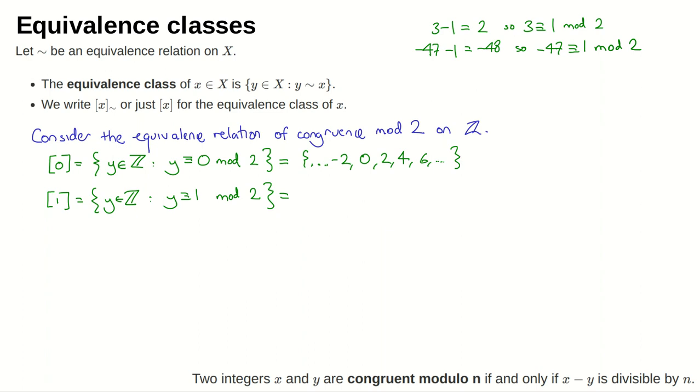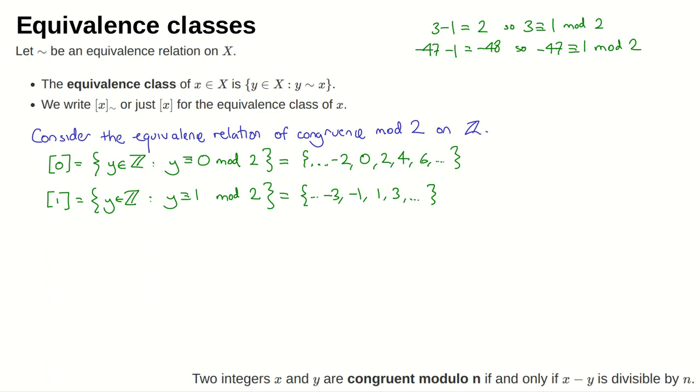And in general, the numbers which are congruent to 1 mod 2 will be precisely the odd integers. So this equivalence class of 1 will consist of all the odd integers: minus 3, minus 1, 1, 3, and so on.